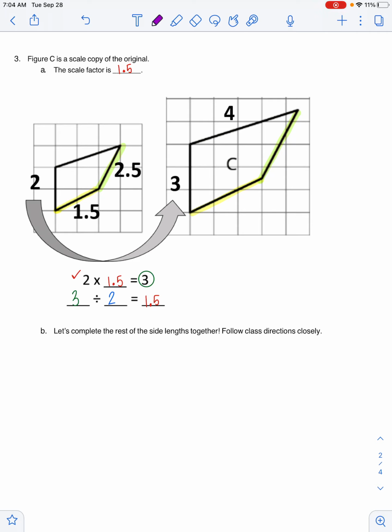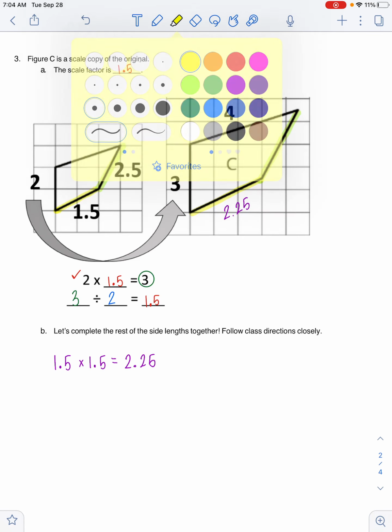Okay, so your work might have looked something like this. You know that the yellow side length is 1.5, and you're multiplying times a scale factor of 1.5, so your new side length will be 2.25, and this right here is the yellow side.